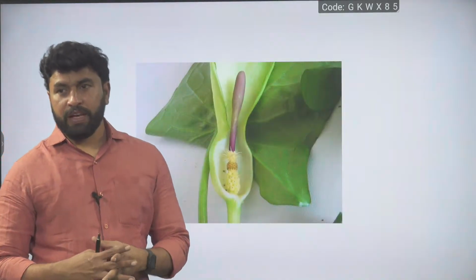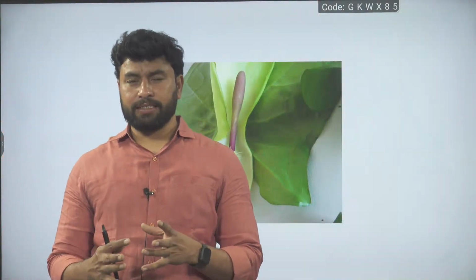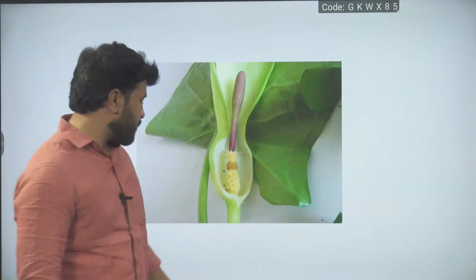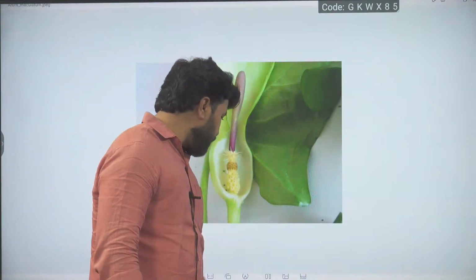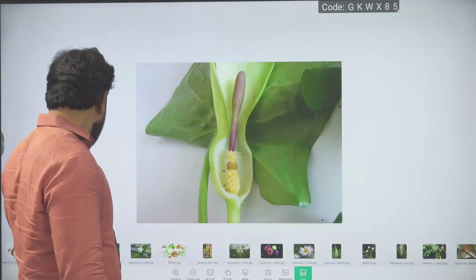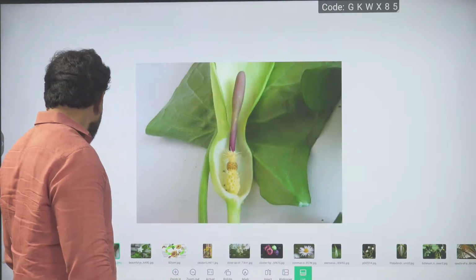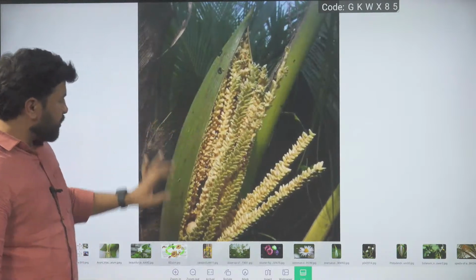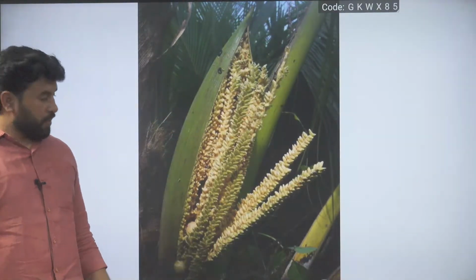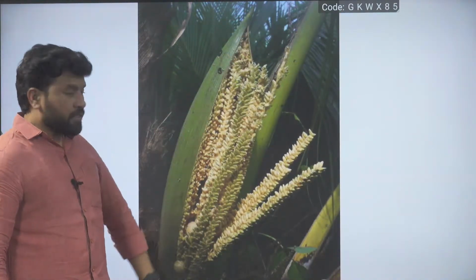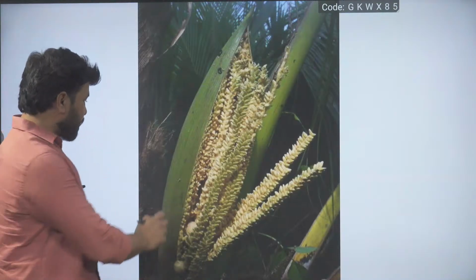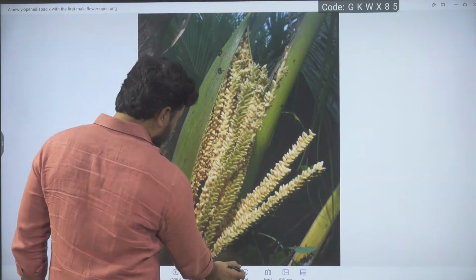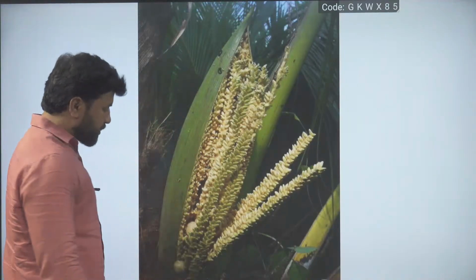Next one, another compound spadix. The well-known example of compound spadix is Cocos nucifera, coconut. Check it there. Cocos nucifera or coconut. Imagine in this coconut, this spadix inflorescence is covered by a kind of boat-like structure, strong, woody, boat-like structure.